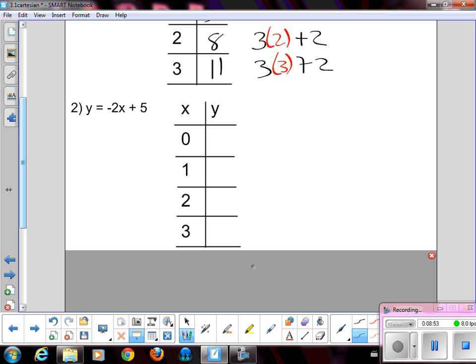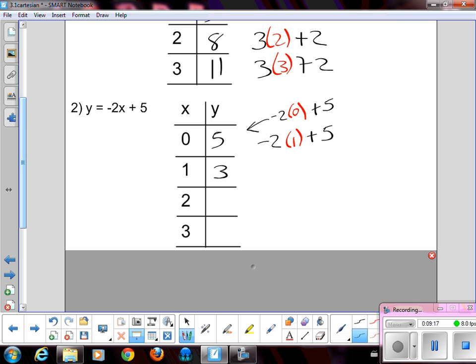So in order to find what y equals, I would do -2 times 0 plus 5, and so I would end up with 5. Again, the next one would be -2 times 1 plus 5. So this time I would have a 3.